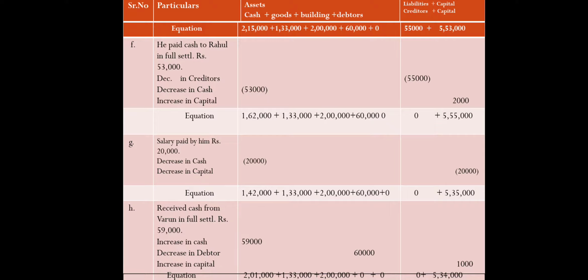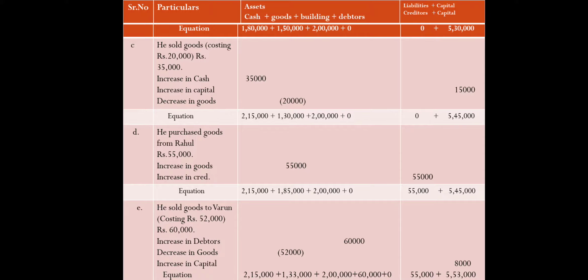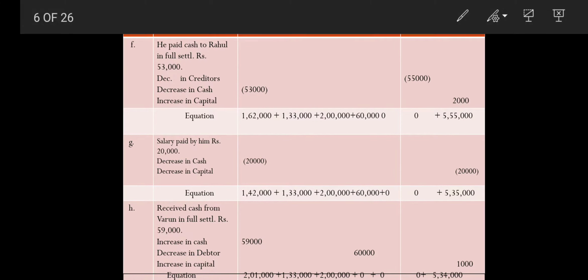Now comes your next transaction. He paid cash to Rahul in full settlement of 53,000. Here Rahul is a person who appeared in a previous transaction, transaction D. You can refer to the textbook. In transaction D we purchased goods from Rahul, and now we are paying him back 53,000 in full settlement.